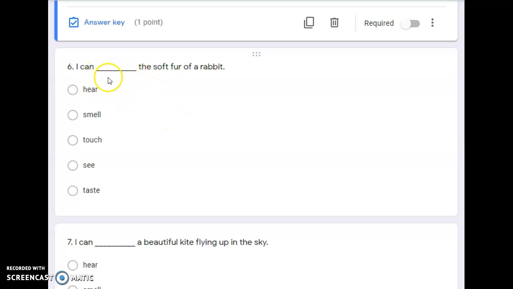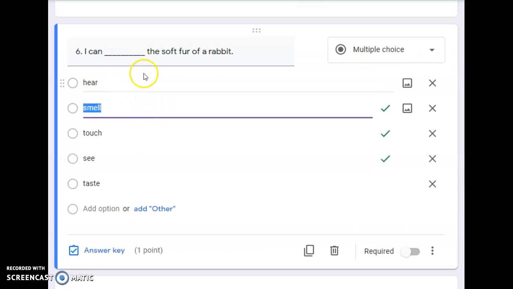There are senses here. With a soft rabbit, can we hear it? No, so that's wrong. Can we smell the fur of a rabbit? Yes. Can we touch the soft fur? Yes. Can we see it? Yes.